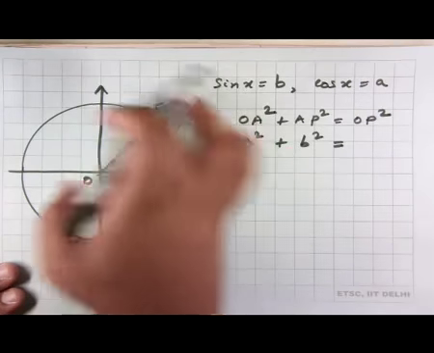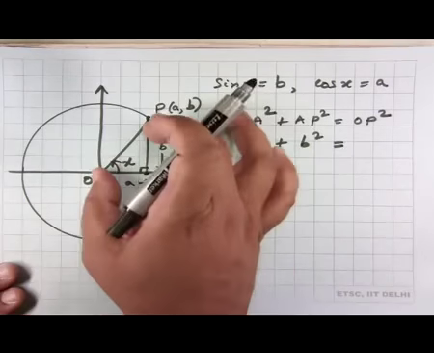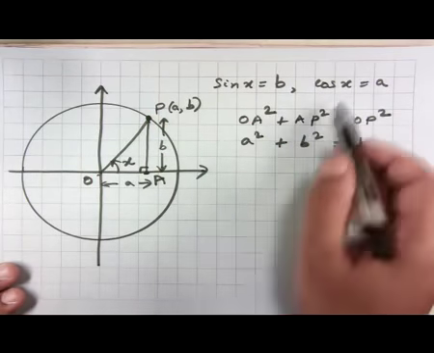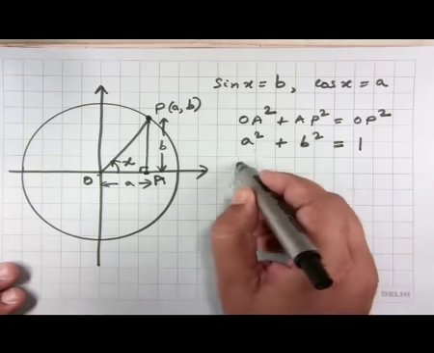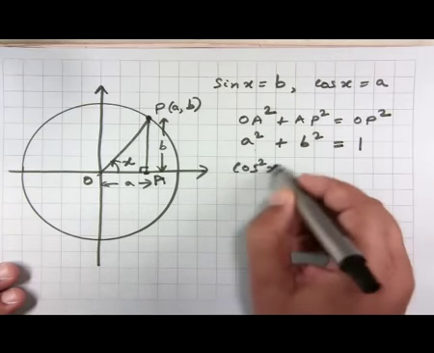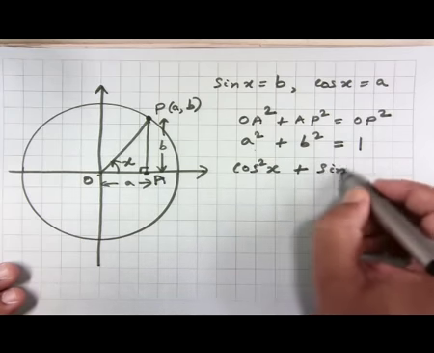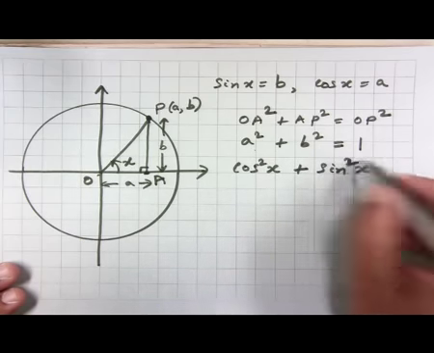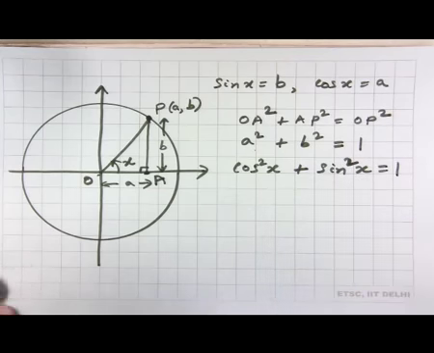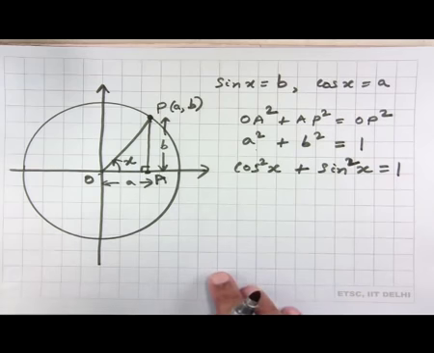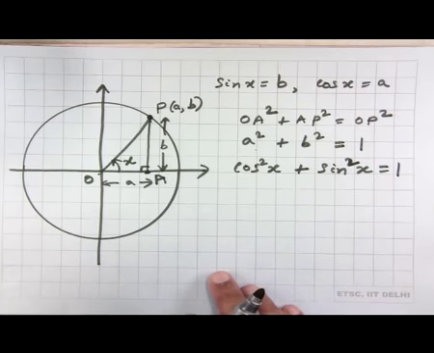Since this is a unit circle, OP is equal to 1, so this is equal to 1, and a is nothing but cos x, and b is sin x. So what we get is cos square x plus sin square x equals 1. For any x, sin square x plus cos square x is always 1.